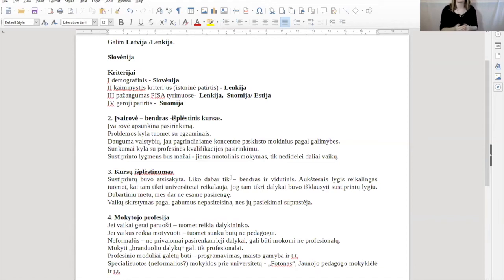Another challenge is related to professional skills, what professional skills to choose.